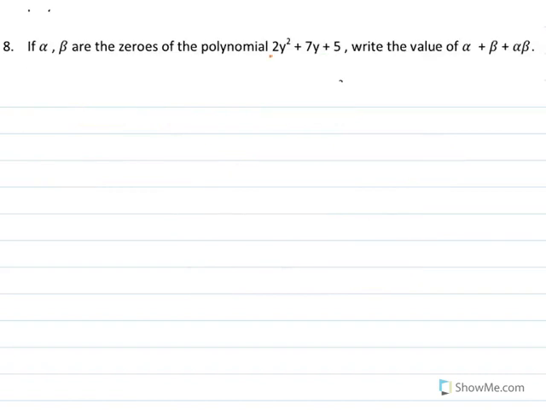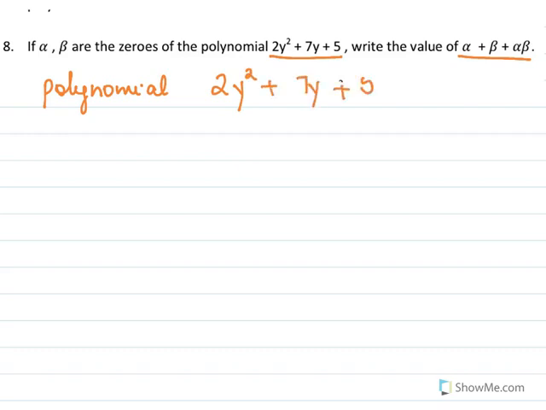If alpha and beta are the zeros of the polynomial, find the value of alpha plus beta plus alpha beta. So our polynomial is 2y square plus 7y plus 5. We go ahead and write the coefficients.